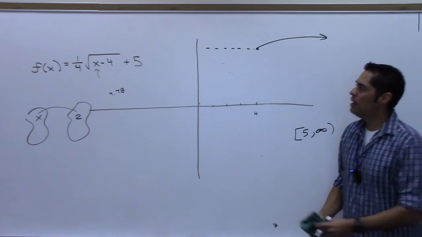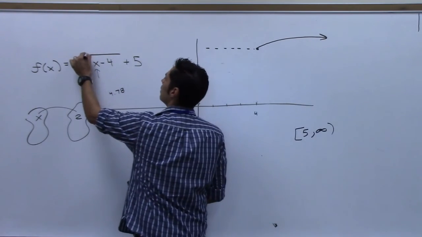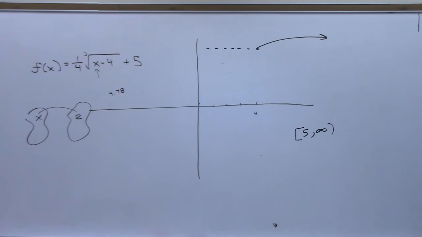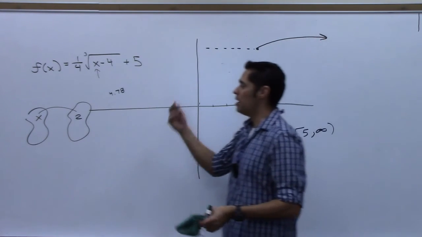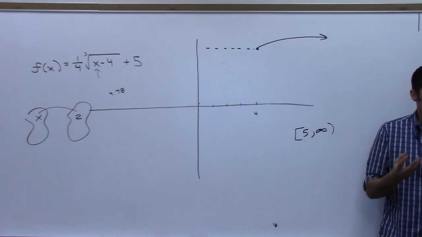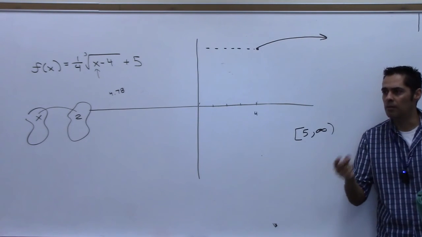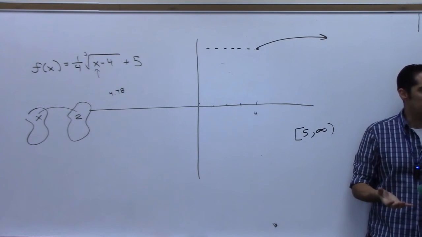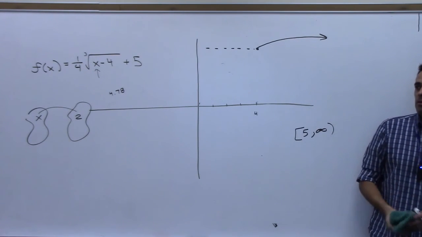Because if it were cube root, then that would be able to achieve that value. So as long as you're comfortable with it enough, you can answer the question pretty quickly. All I'm trying to do is tie some meaning into why we'd want to be able to graph something quickly. Because you can visually look at it and pick up a lot of information about its domain and range and so on.